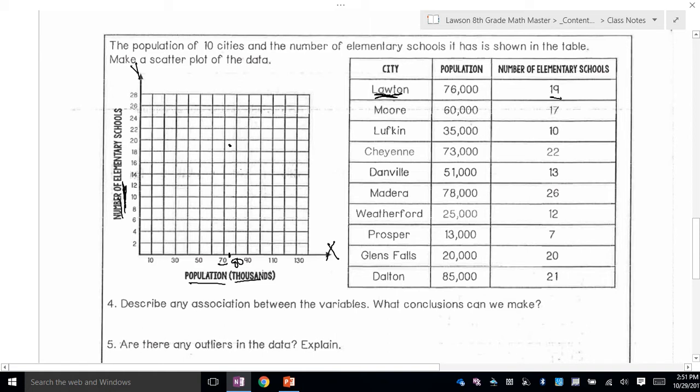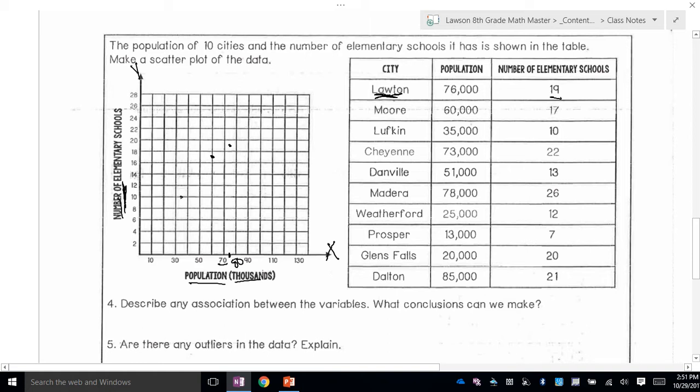And then Moore, the city of Moore, like Miss Moore from the 7th grade, has a population of 60,000, which would be in between 50 and 70, and then they have 17 elementary schools, so we'll give them a point between 16 and 18 at 60,000. Lufkin at 35,000 has 10. So we're in between the 30 and the 40.